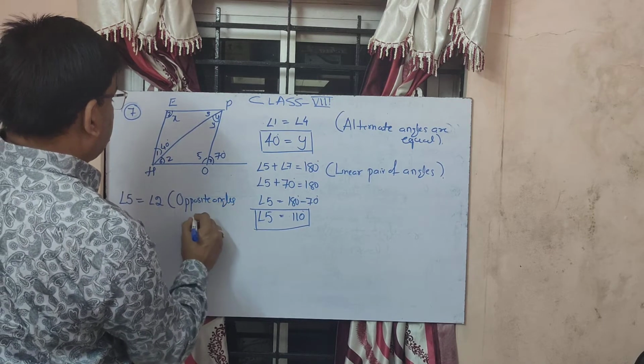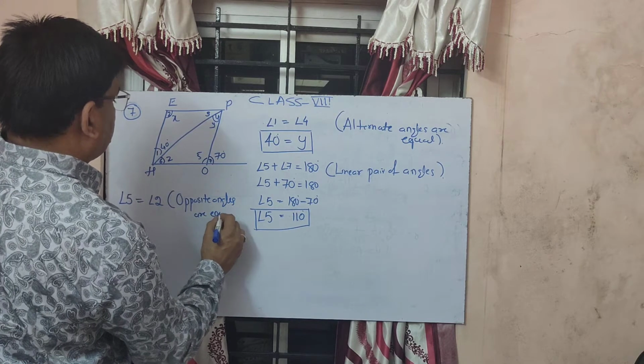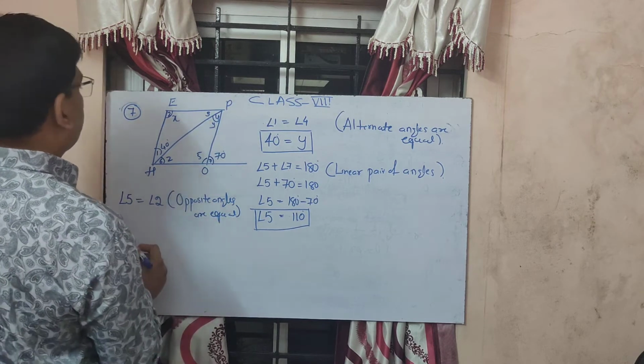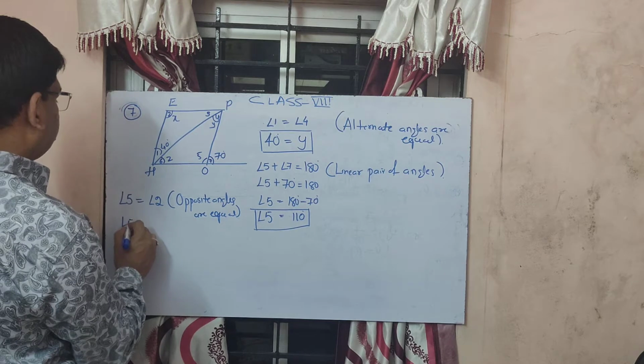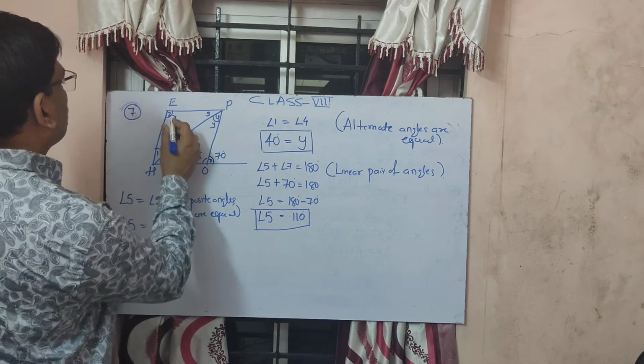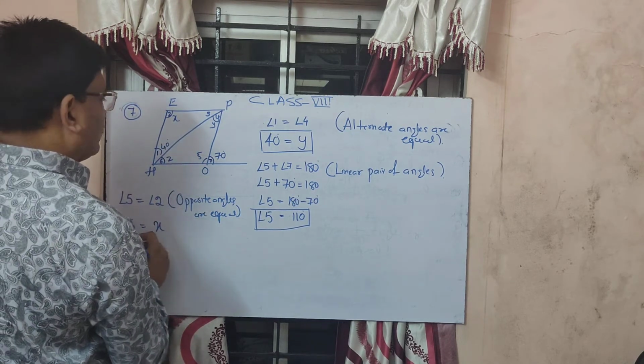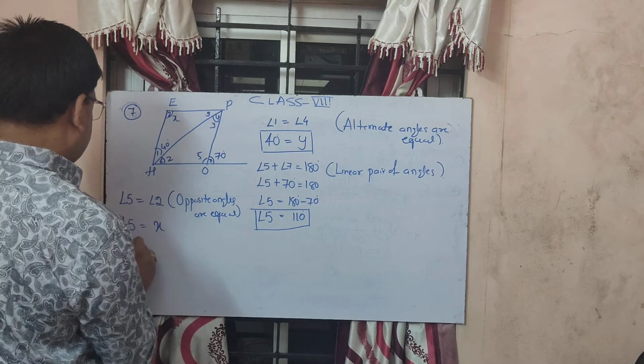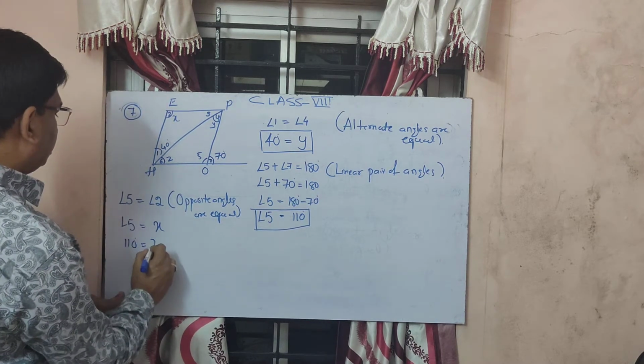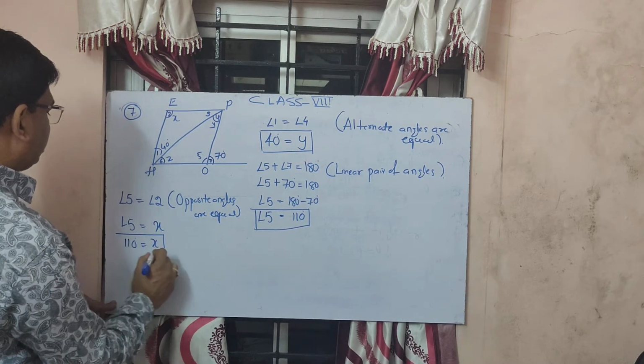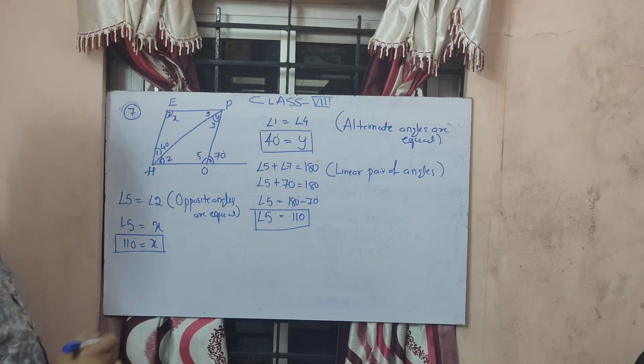Opposite angles are equal. What is angle 5? That is 5. So what is angle 2? That is x. So angle 5 is how much? 110 degrees. That is equal to x. Now we got x.